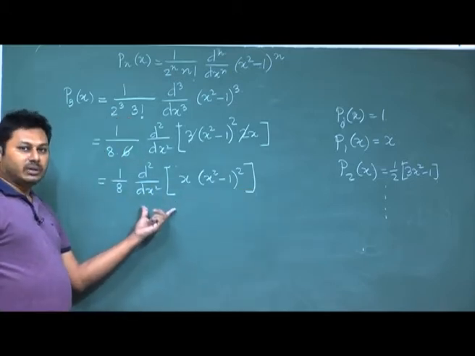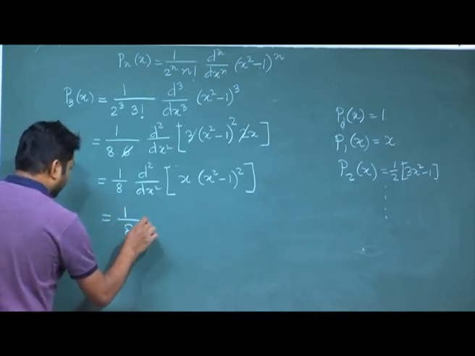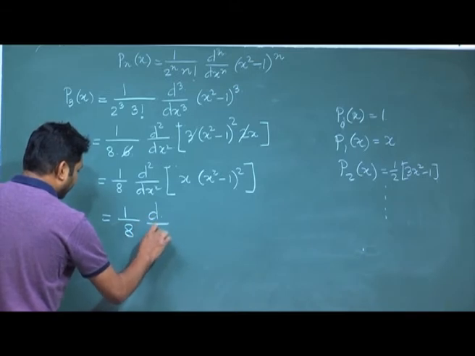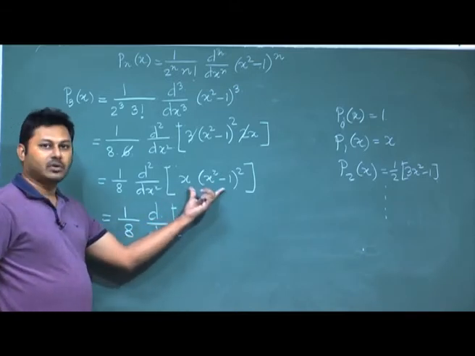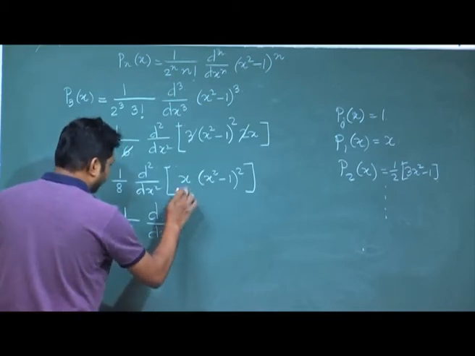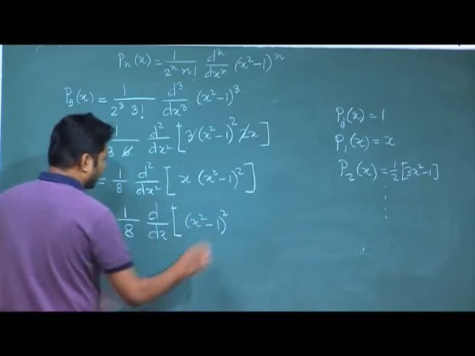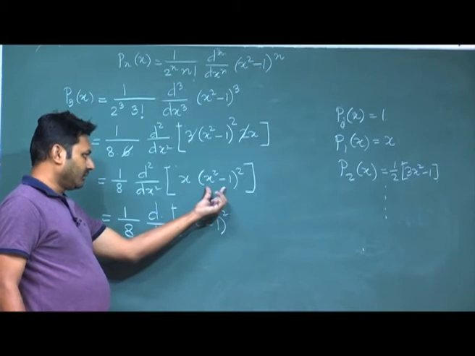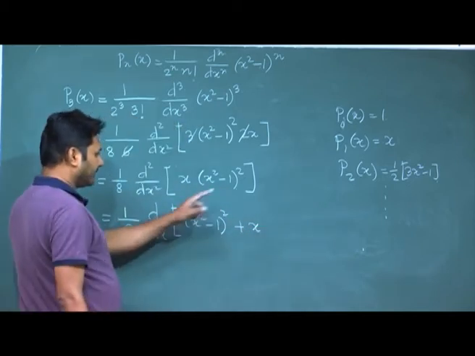Again, I need to reduce one order here. So d/dx, if I reduce by one order, then I need to take the derivative of this quantity. Let us do that this way, the first derivative and the second derivative. So (x² − 1) first derivative multiplied by the second one plus the second one multiplied by the first derivative.